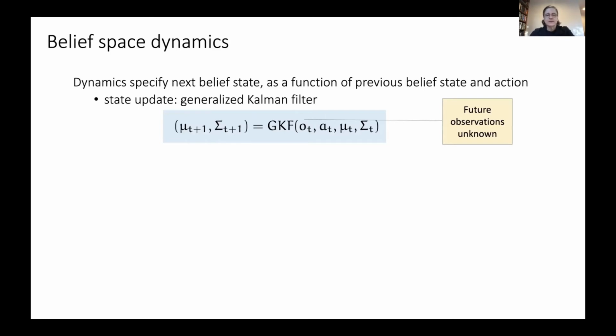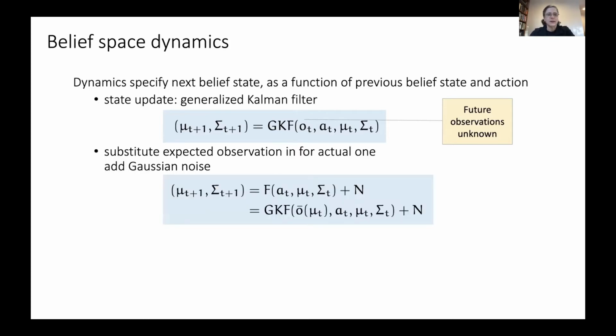But the problem is that we can't use it very well for planning, or certainly not for deterministic planning, because we don't know what observations we're going to get. So what we do is we substitute in for the observation some notion of the mean or most likely observation that we might get given our current belief.